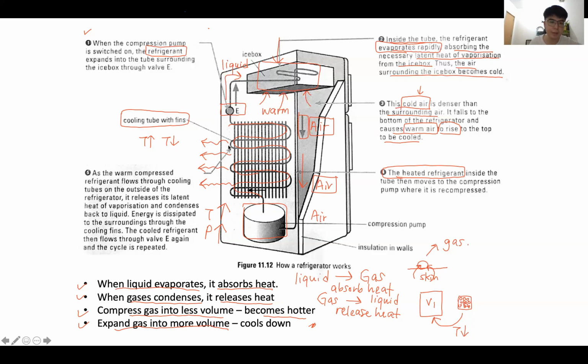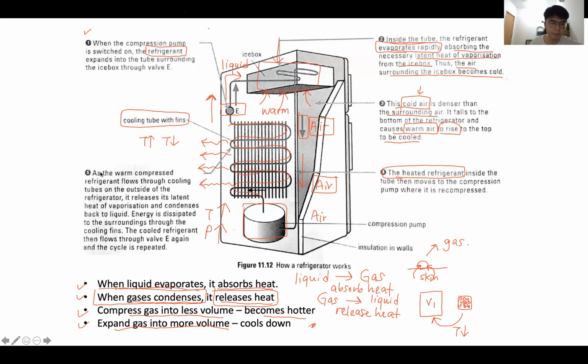And then when it releases heat, what happened when the gas releases heat? Point number 2, when gases condense, they release heat. So this gas will condense back into liquid and pass through the expansion valve again, and the whole process repeats.